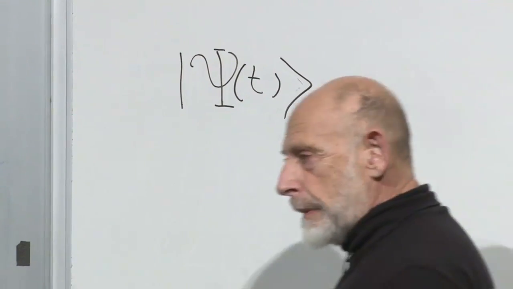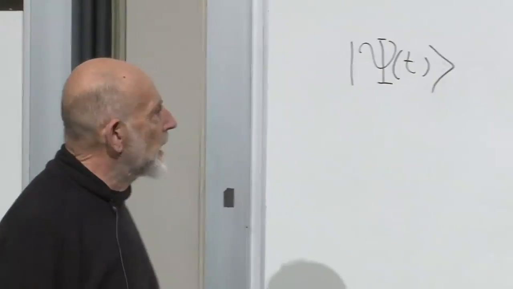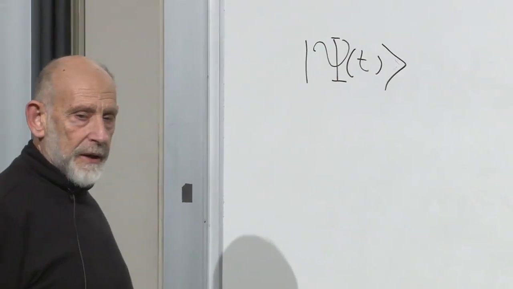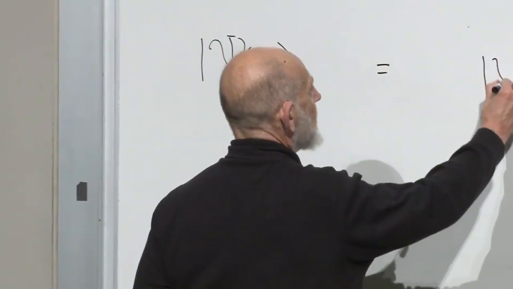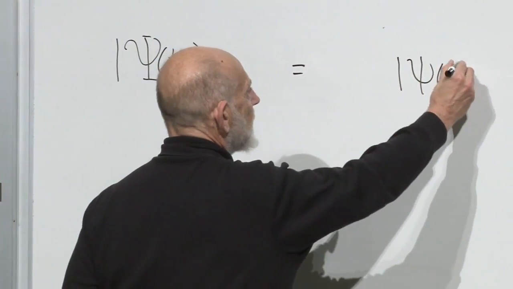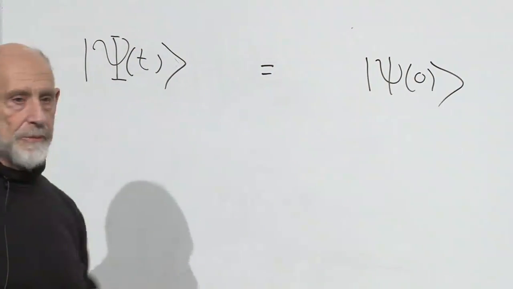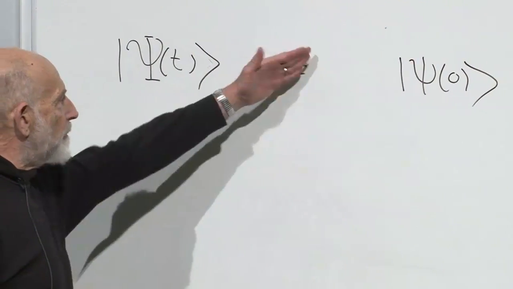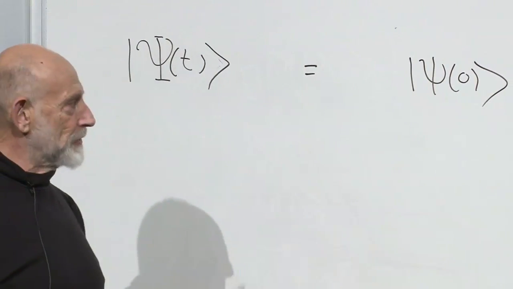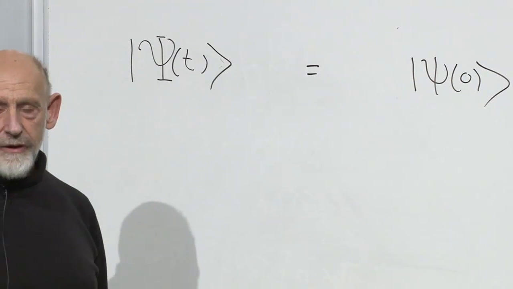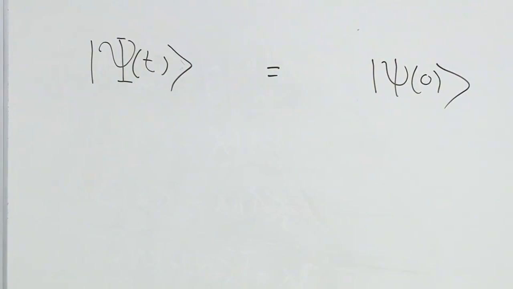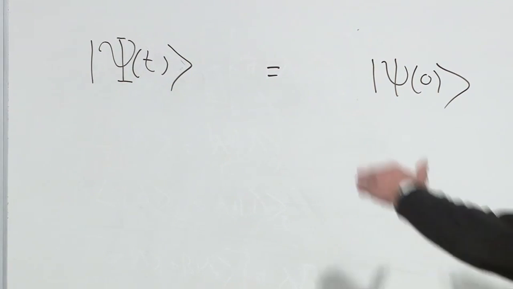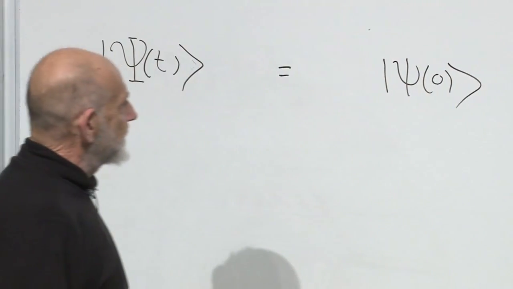All right, the postulate is that psi of t can be obtained from psi of 0, this means time 0, by an operation on psi of 0, a unique, definite operation which is governed by the quantum mechanical laws for that system. So we have to do something to the vector.